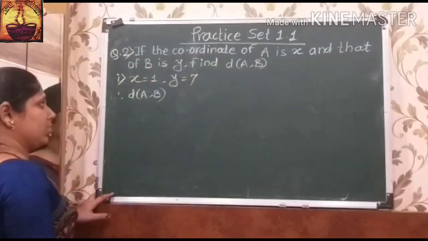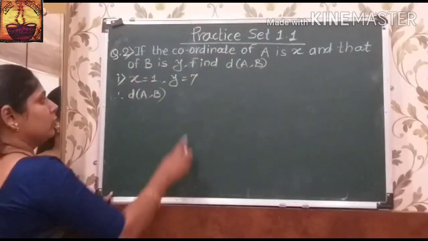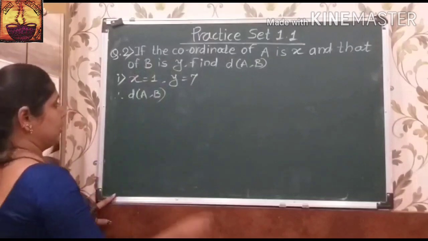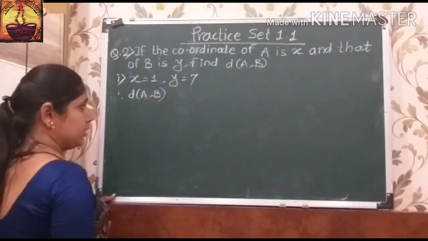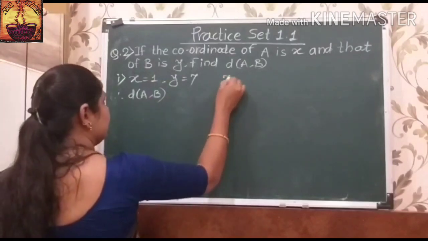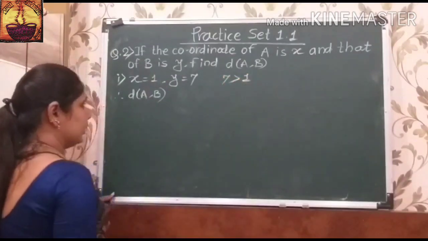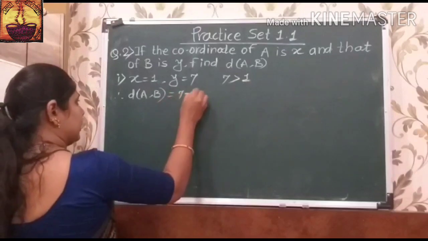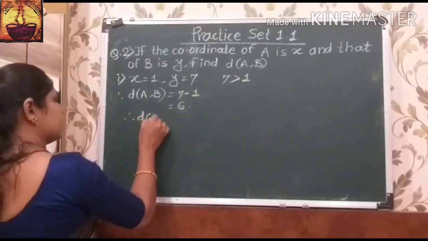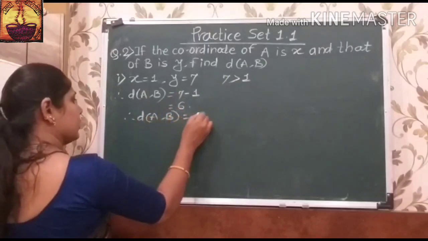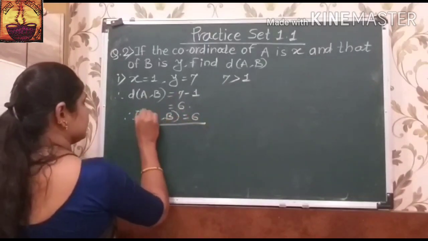Here the value of A is 1 and the value of B is 7. We know that 7 is greater than 1. Therefore, 7 minus 1 is equal to 6. Distance AB is equal to 6.